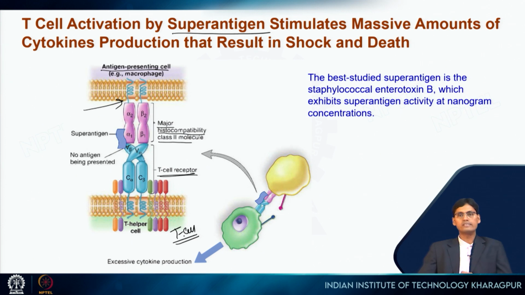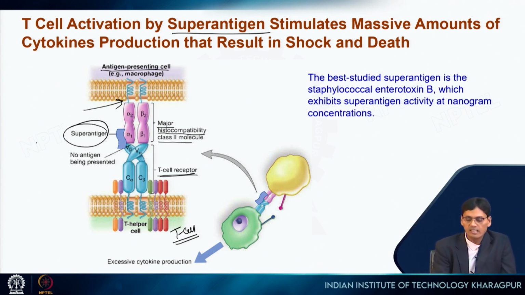Now the problem is, some kind of superantigen behaves in a completely different way. Somehow this superantigen stimulates this interaction. They are not the proper antigen, but they are superantigen.